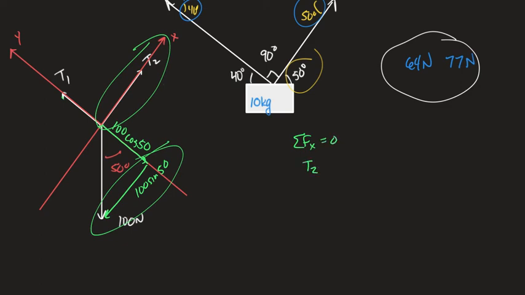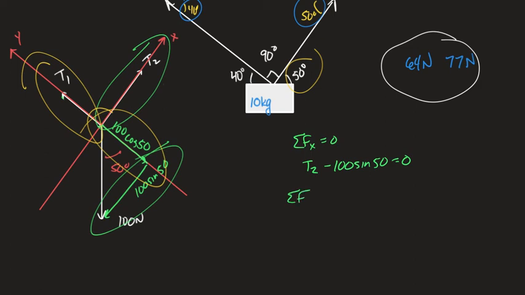So T2 minus 100 sine 50 equals 0. The y direction has T1 and 100 cosine 50. So net force in the y direction equals 0. So T1 minus 100 cosine 50 equals 0.